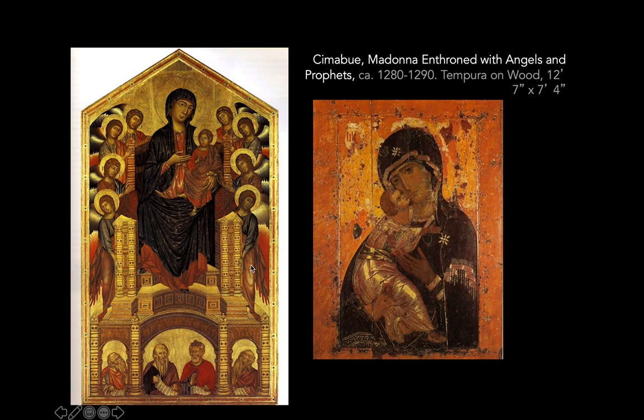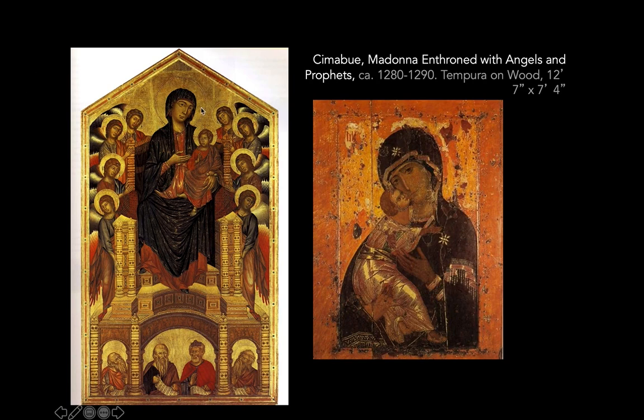So while this feels like a weightless world without gravity, nonetheless, it does seem to have a bit of spatial recession. Like you feel like there's a bit of depth there. So that's important. That's a step forward in some ways. But otherwise, he's still very much safely within the Byzantine tradition.